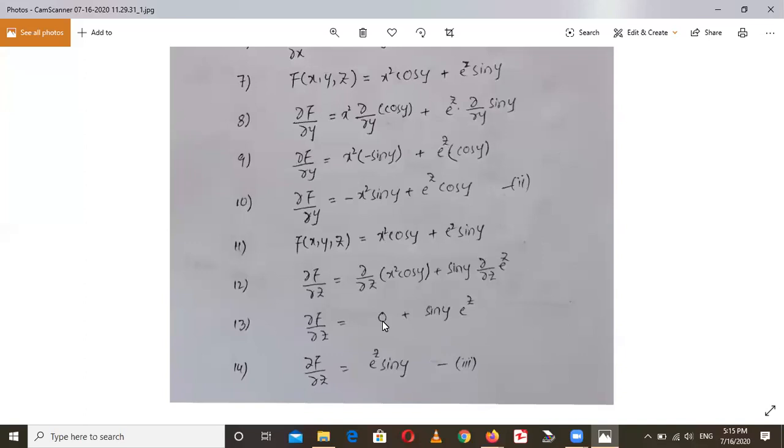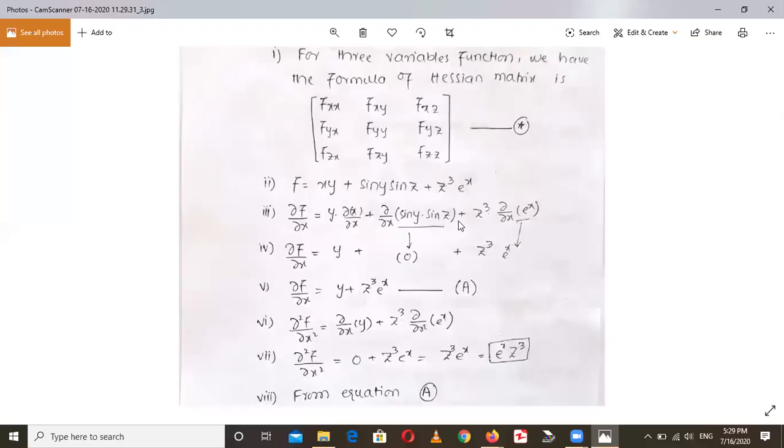Y plus this is constant, and I told you that the derivative of a constant is equal to 0. Plus z cube will remain itself, and I told you in the previous question that the derivative of e power anything will be equal to e power that thing. So the derivative of e power x will be equal to e power x.